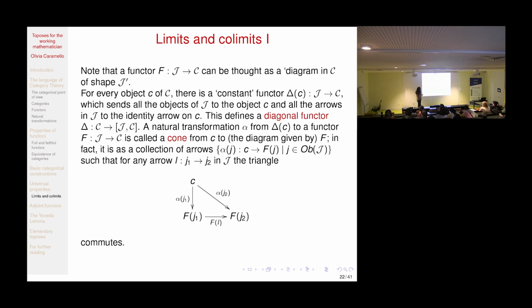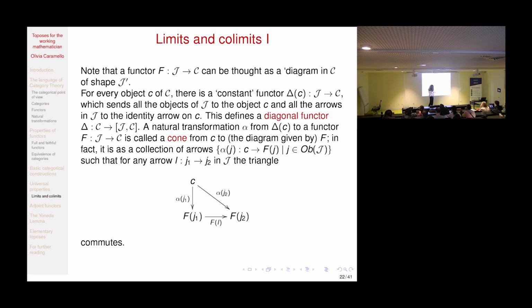Okay, now that we know what a diagram is, we introduce the notion of cone over such a diagram. So a cone is the datum of an object, which is the vertex of the cone, and for each object of the source category of the diagram, an arrow which goes from the vertex of the cone to it.